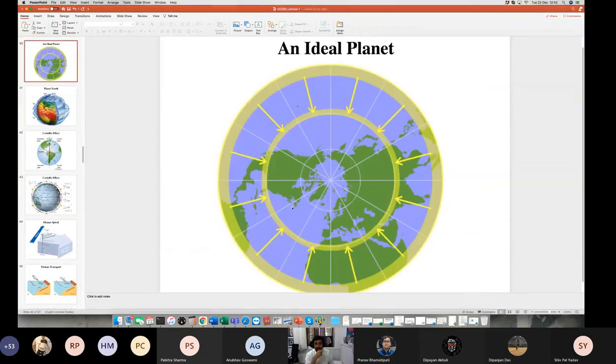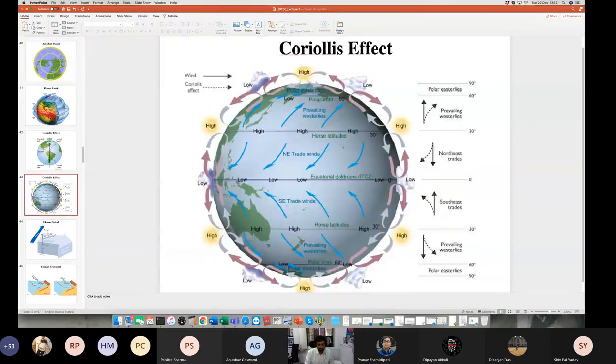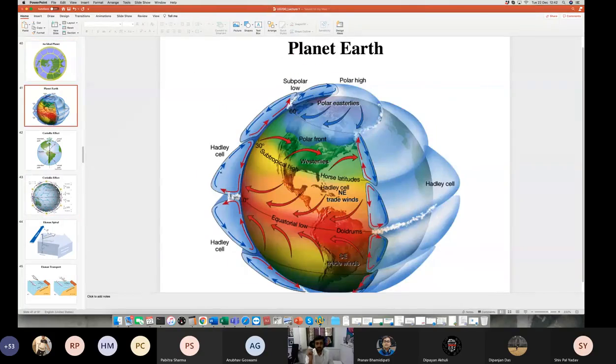And from this aspect, we know that when air moves from the equator polewards, by the time it reaches 30 degrees north, it has been compressed so much that its density is higher than the underlying layer, so it will sink. And that is what we observe in this circulation pattern. By the time it approaches 30 degrees north, it starts sinking. And one of the key consequences of that is what is known as the Horse latitudes.